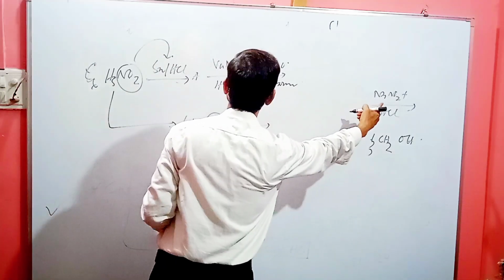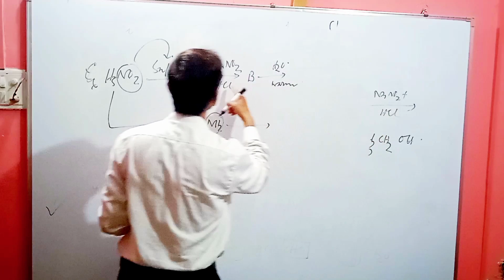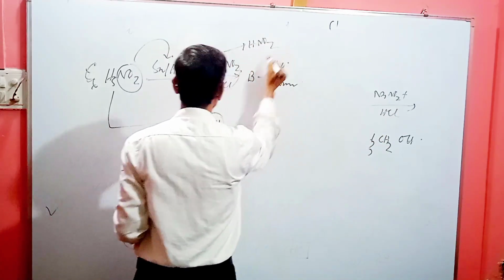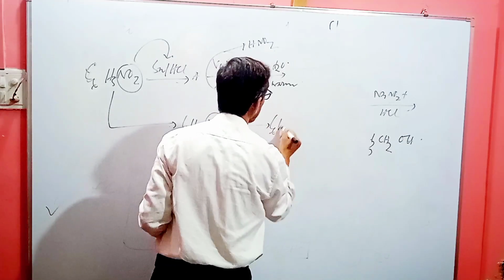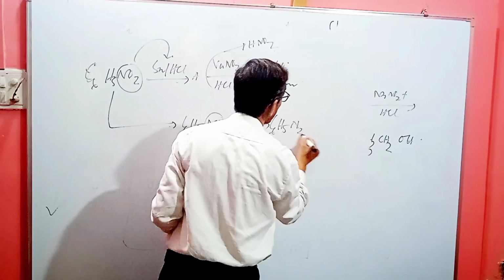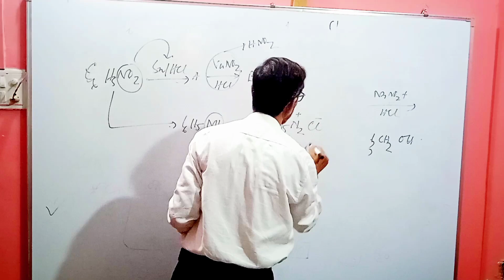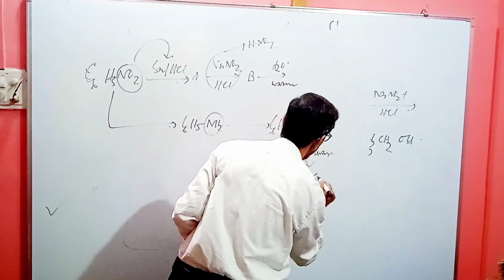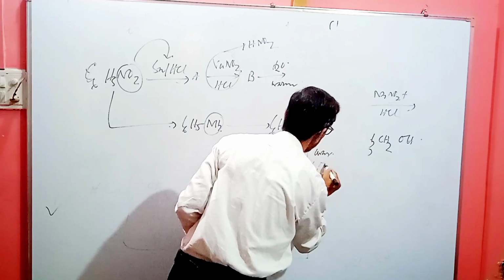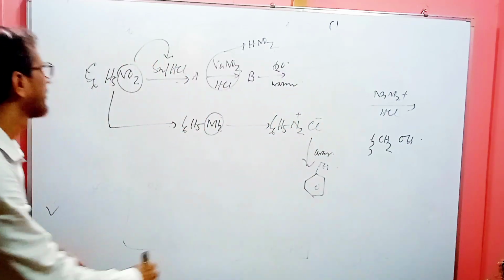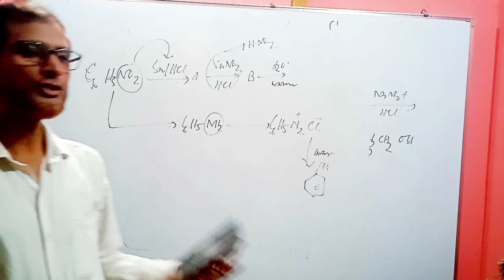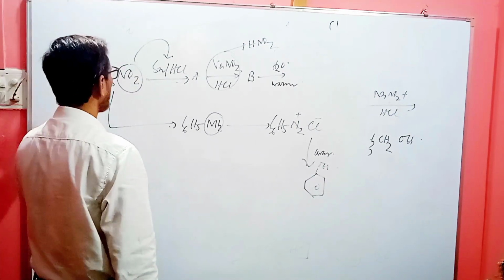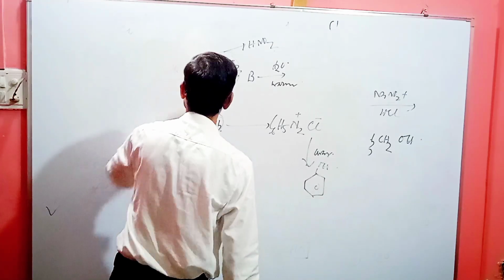Now just now I have shown you NaNO2, HCl, it is nothing but nitrous acid, HNO2, and it gives you benzene diazonium chloride, C6H5N2+Cl-, and on warming with water gives you phenol. I have just shown you a bit earlier. Again very simple. If you know the reactions, no conversion, no fill in the blanks will be left out, you can do it yourself.